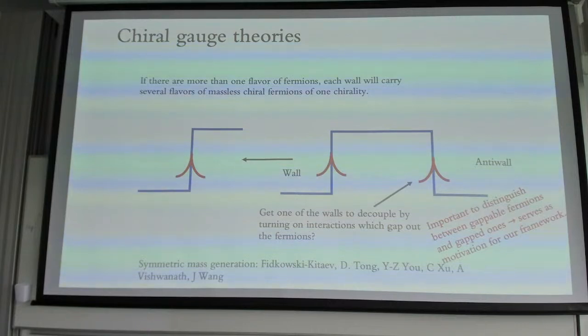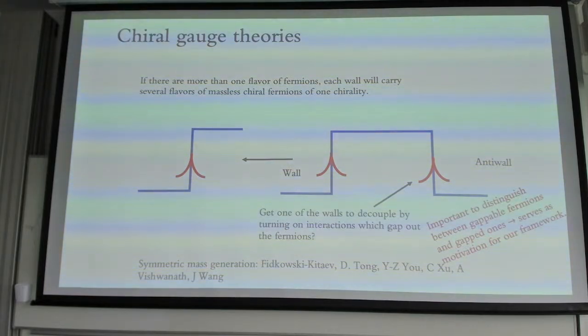This is very important when you're trying to do the simulation on the lattice. If you are in a regime where you just have gapless fermions, then it's not going to work. And so this can serve as a motivation for what I'm discussing today.